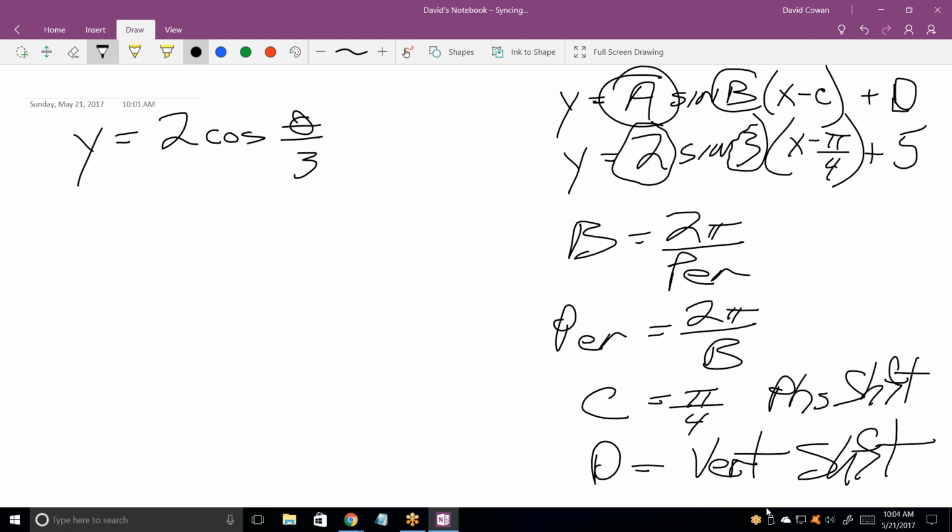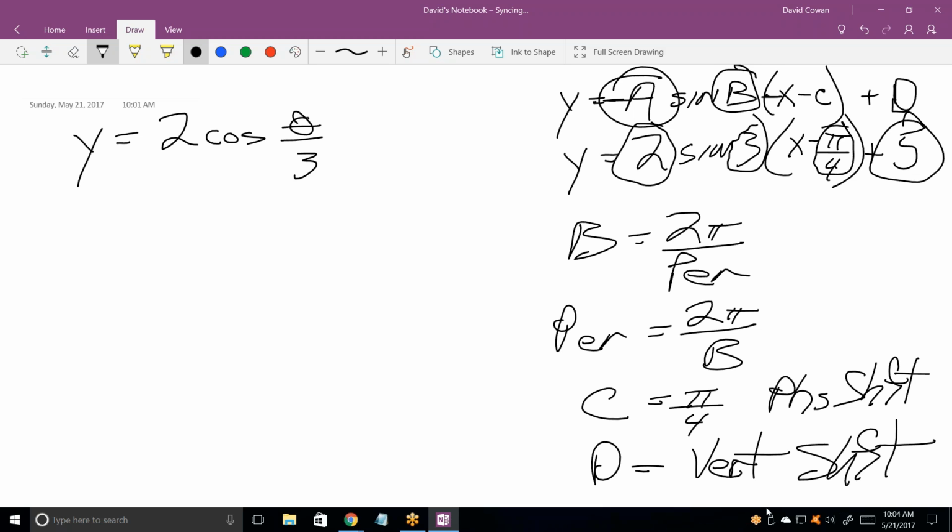B is a horizontal stretch or shrink factor. C is a horizontal shift, and D is a vertical shift. And if I want to do reflections, I stick a negative sign there. That's a vertical reflection. If I want to do a horizontal reflection, I put a negative sign inside the parentheses. So that's how it works.